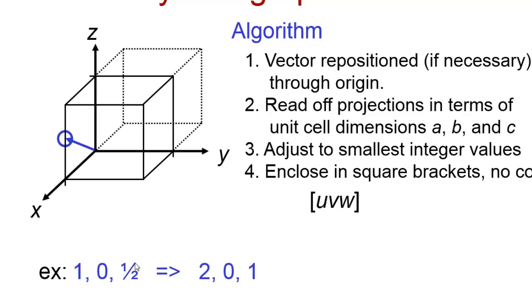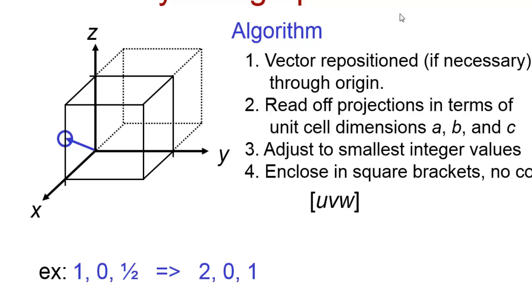So we don't want any fractions, so we're going to multiply all of these through by 2, which is our common denominator here. So 1 times 2 is 2, 0 times 2 is 0, and 1/2 times 2 is 1. So that's part 3: adjust to the smallest integer values.